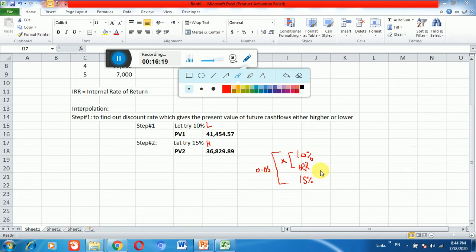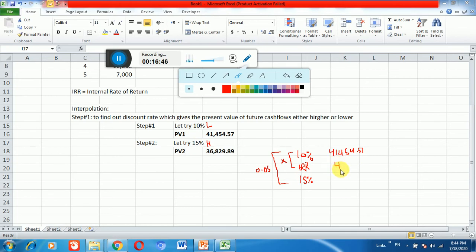So dear students, the value we computed with 10% is 45454.57. And the value of IRR, what we need to find out, is 40,000.